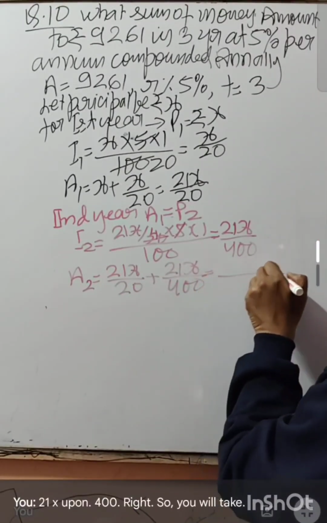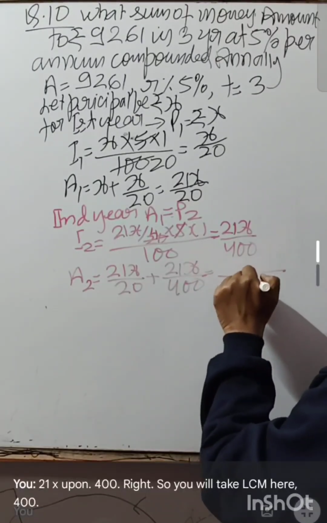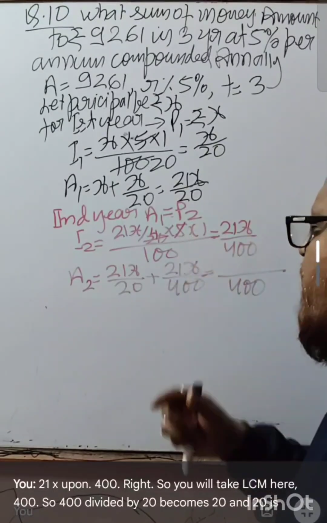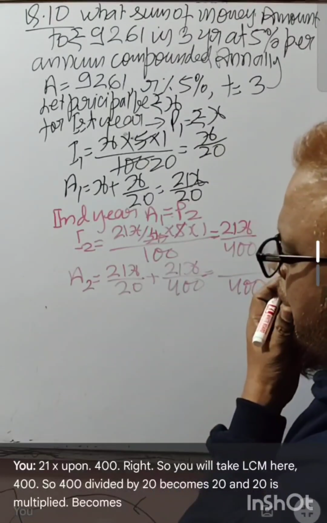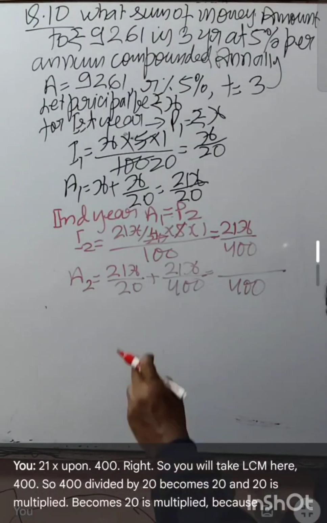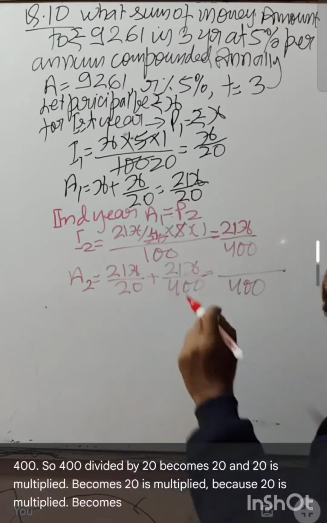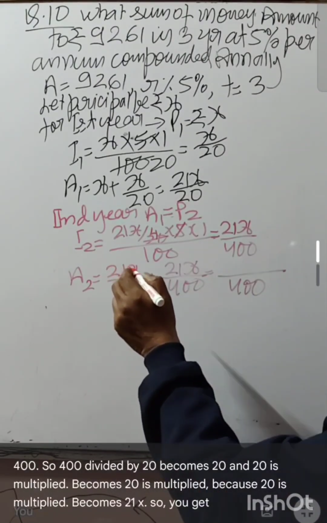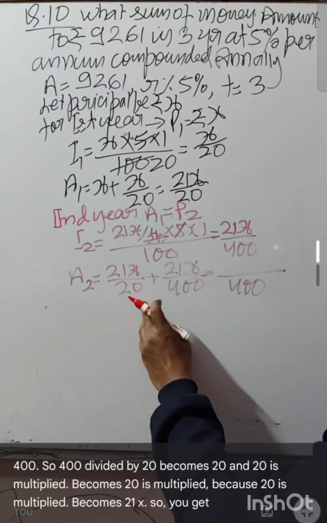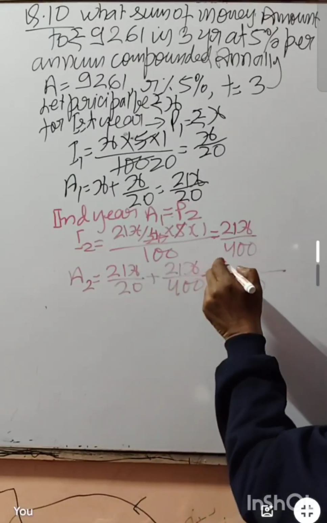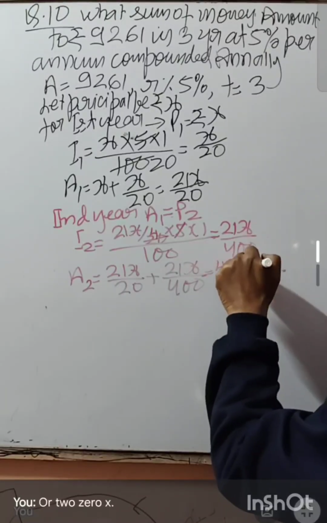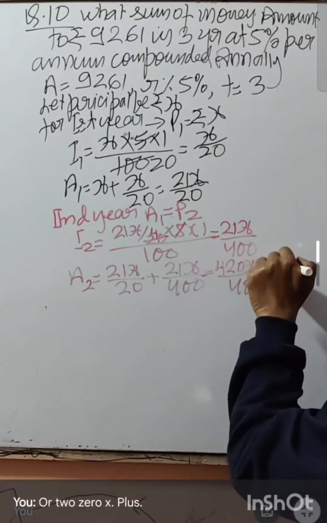So you take LCM 400. 400 divided by 20 becomes 20, and 20 is multiplied by 21x, so you get 420x plus 21x.